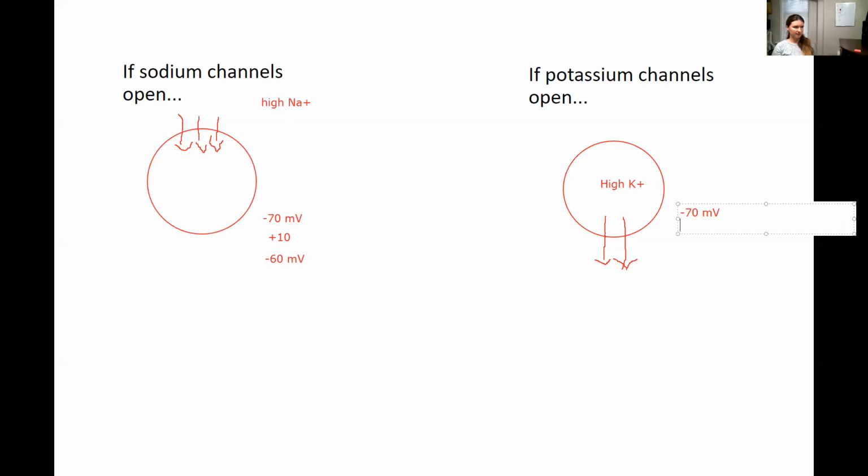So we let some potassium out, say we lose 10 millivolts. Now we're going to be a little closer to that equilibrium potential for potassium because we're subtracting positive charges. So we'll get to like negative 80 millivolts. Okay. So this is going to happen at specific locations where we open more channels.